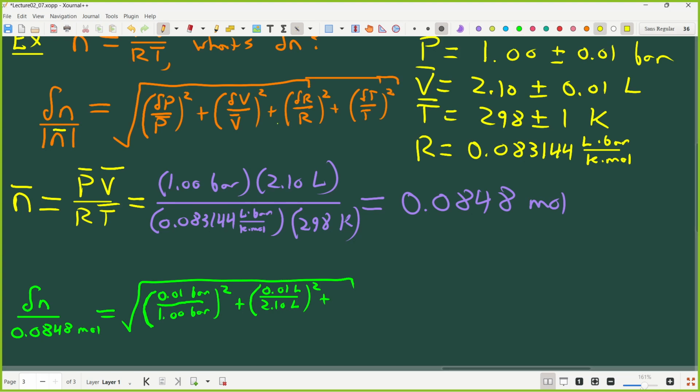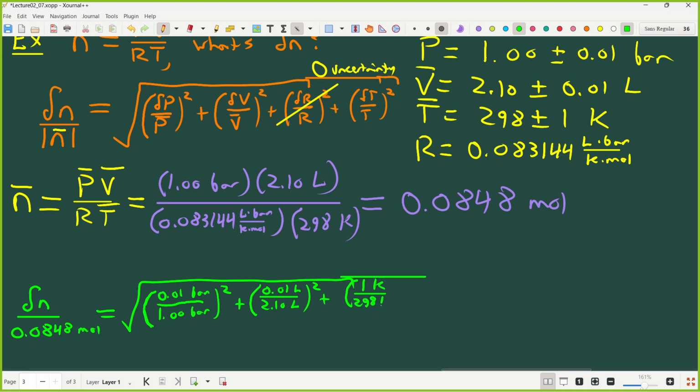All constants are defined to have 0 uncertainty. Well, most of them. Every constant in this class has 0 uncertainty. So that goes away, and we're left with the uncertainty in T. And that's going to be 1 Kelvin over 298 Kelvin squared.